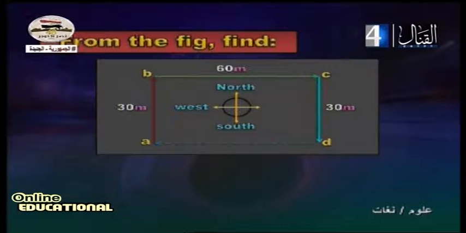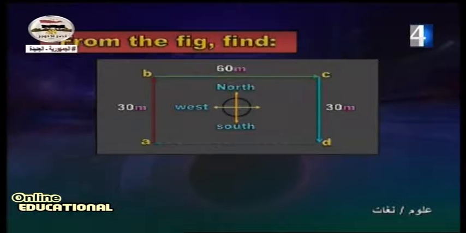What is the difference between distance and displacement? Distance is a scalar physical quantity, magnitude only, but for displacement we must give the direction from start to end point, from A to D.